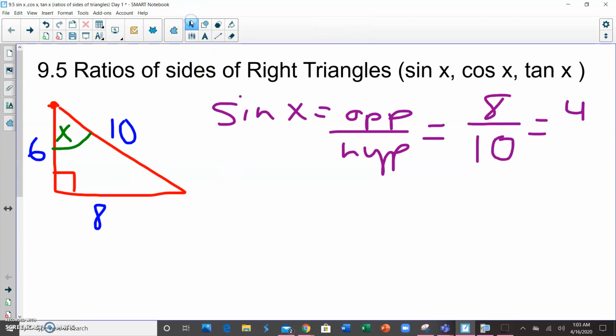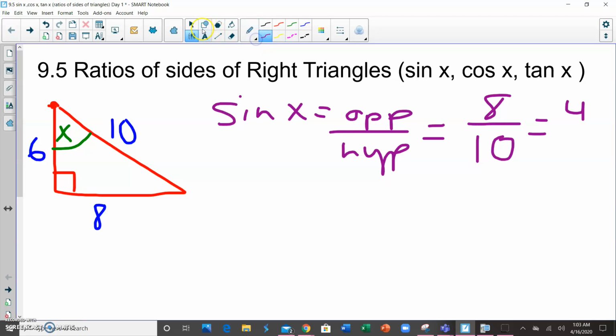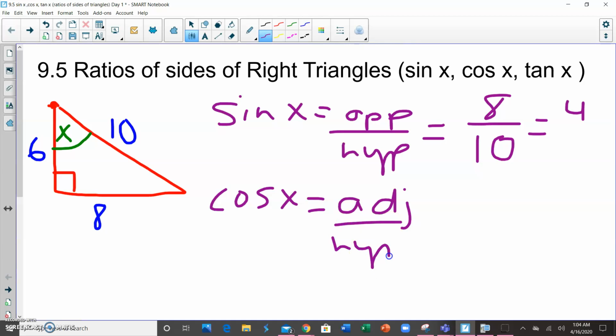So next, we're going to talk about the cosine. So the cosine of an angle is adjacent, A, D, J, divided by the hypotenuse, HYP.